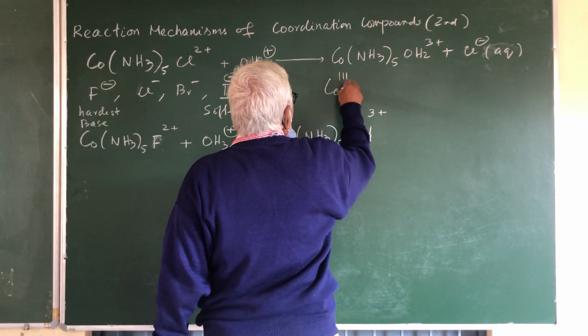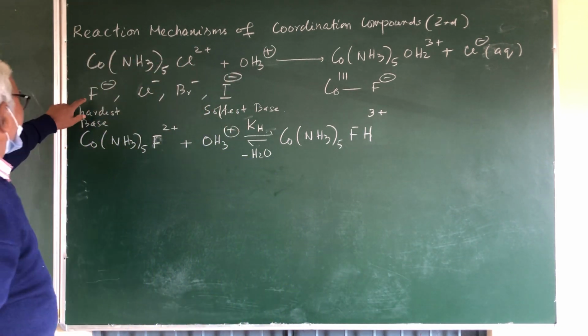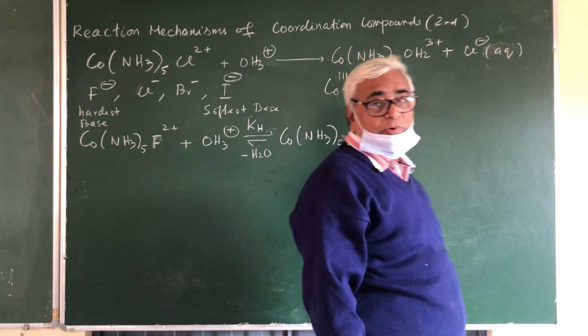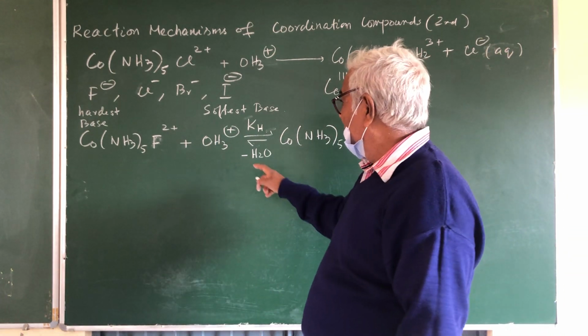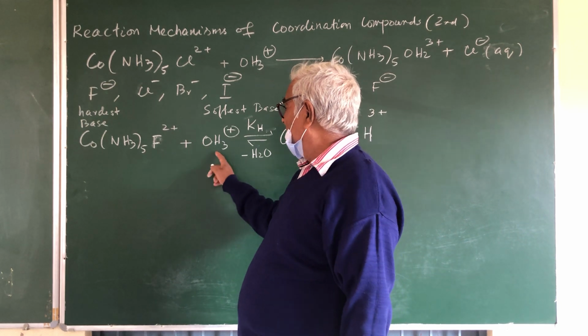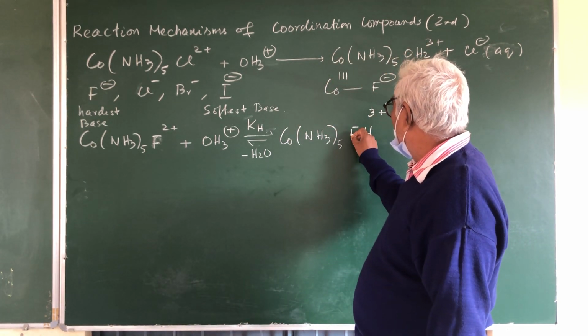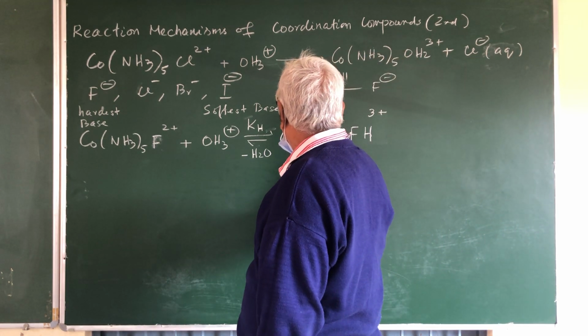Cobalt 3 and chloride. So coordinated chloride will be more hard in comparison to chloride. If this complex reacts with acid, coordinated chloride will be protonated, producing conjugate acid.